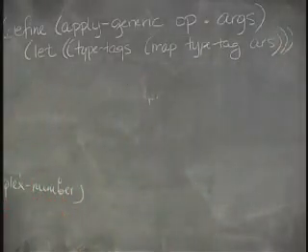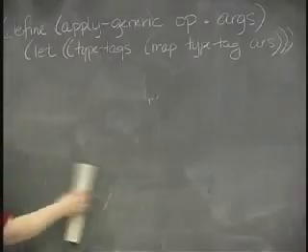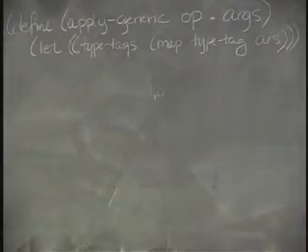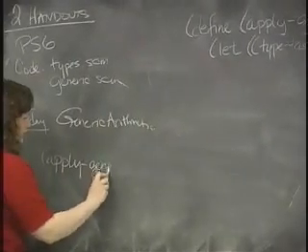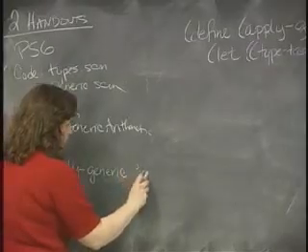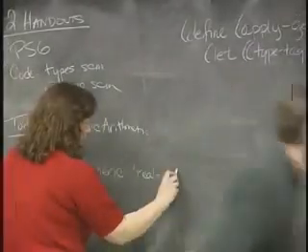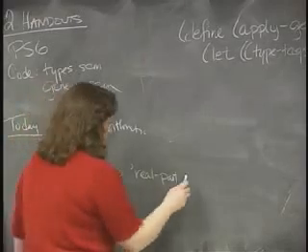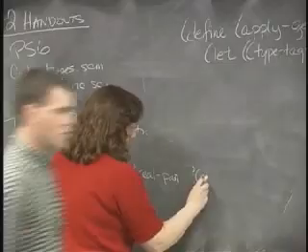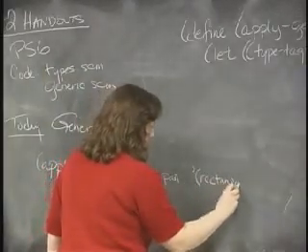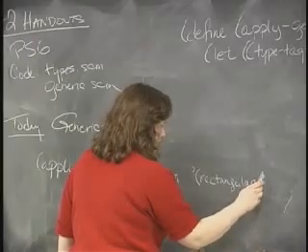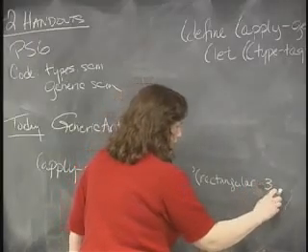Okay, so let's say we called apply generic real part, and then I had some number which was rectangular with 3, 4.